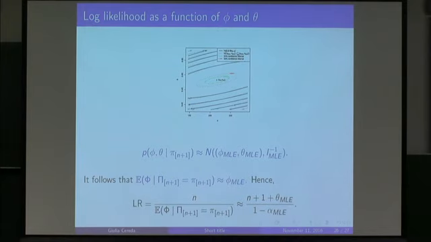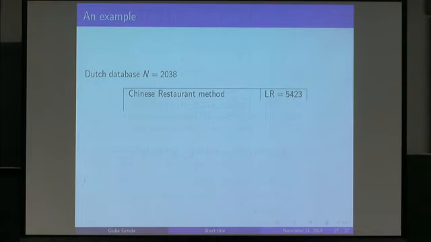Easy, simple to compute, and moreover, let me show you some comparison. When you just use the Dutch database from the entire 18,000 individual word database, you have 2038 YSTR profiles from Dutch male people, and so this formula, which I just showed you, gives you a likelihood ratio of 5,000, and I wanted to compare it with another formula that I got by using a similar reduction of the data.